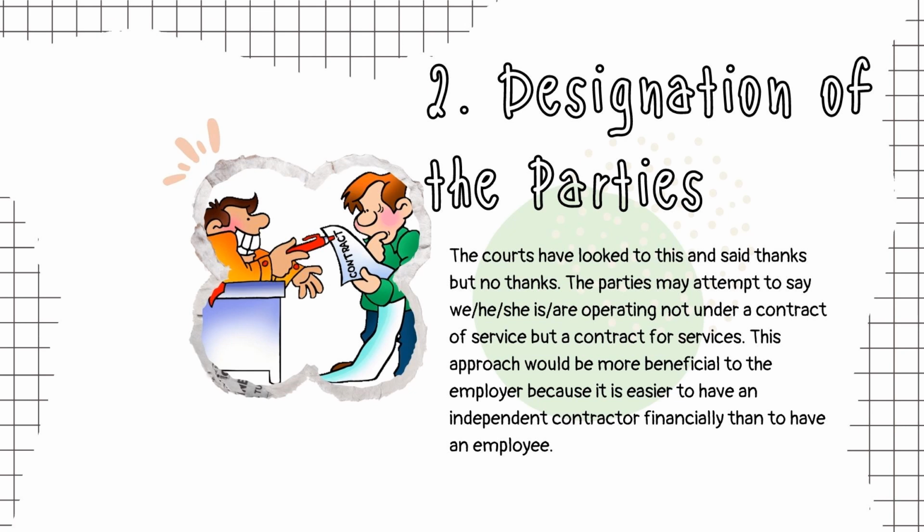So the designation of the parties now. Basically, the courts have looked at this and said, this is where the parties may attempt to say, okay, we are operating under a contract of service, but they're actually operating under a contract for services. This approach would be more beneficial to the employer because it is easier to have an independent contractor financially than it is to have an employee.